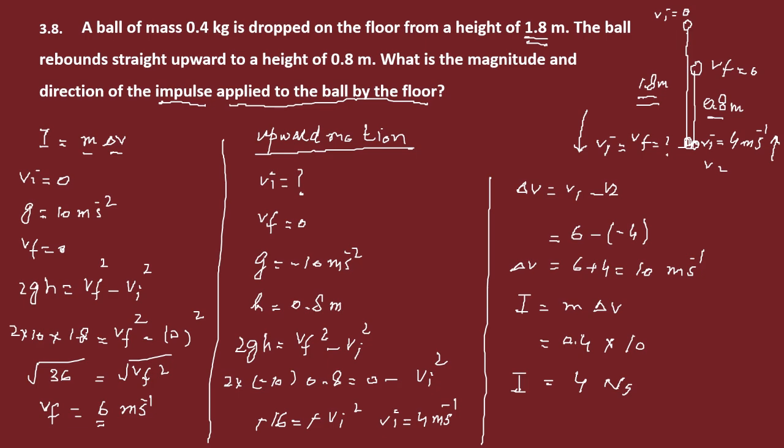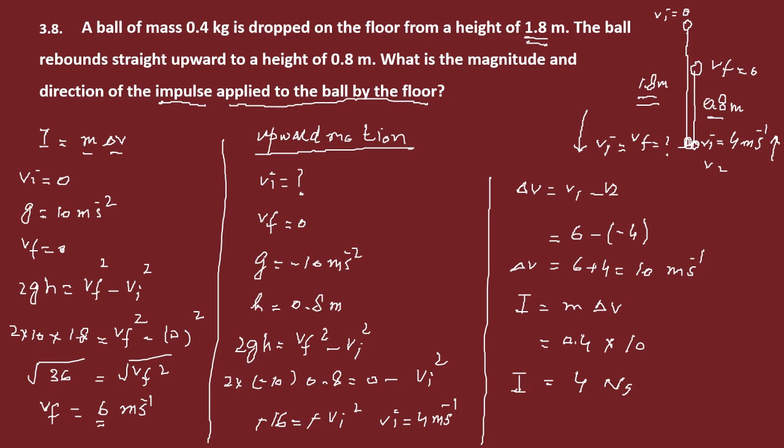Using the third equation of motion, we calculated Vf as 6 meter per second. Now when it rebounds, we take the upward motion, and its speed when it leaves the ground is Vi, and at the highest point its speed is 0, g is negative 10, and the height it reaches is 0.8 meter. Again calculating, we get Vi as 4 meter per second.